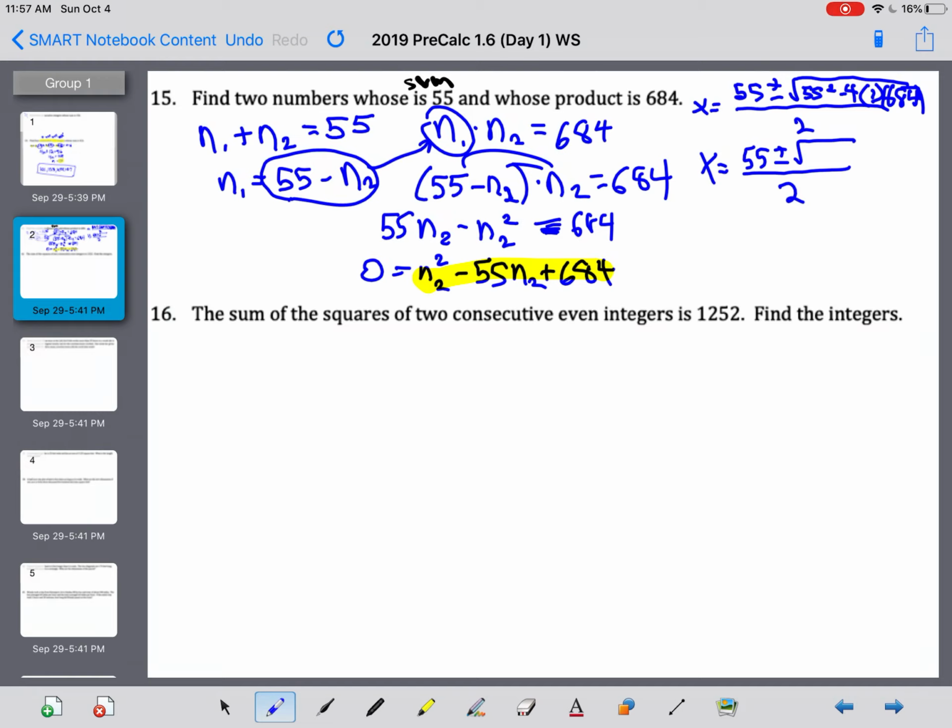I get 5761, and when I square root that, that doesn't quite seem to be right here.